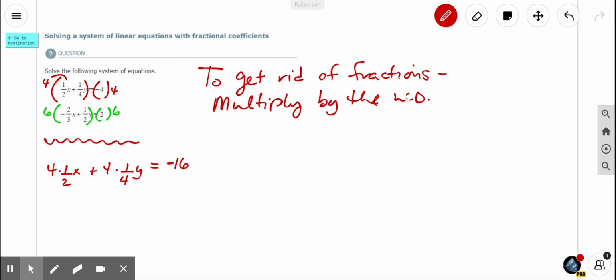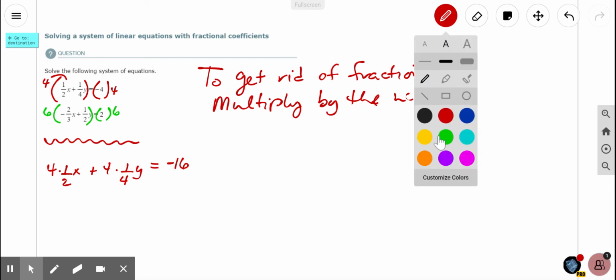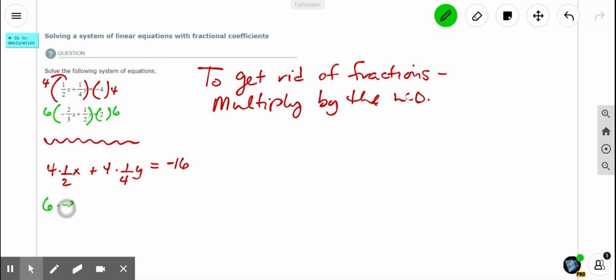And then I'm going to do the green underneath it. The green is going to be 6 times negative 2/3 x. Keep your levels and you'll be fine. Don't be scared of fractions if you keep your levels. Equals 12.